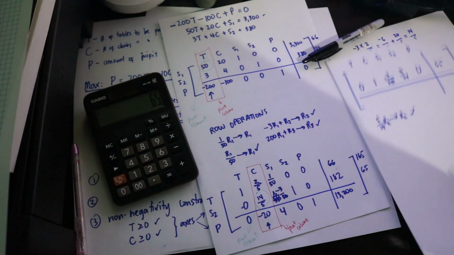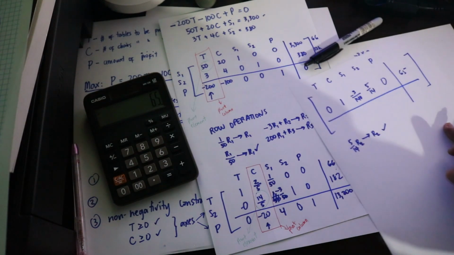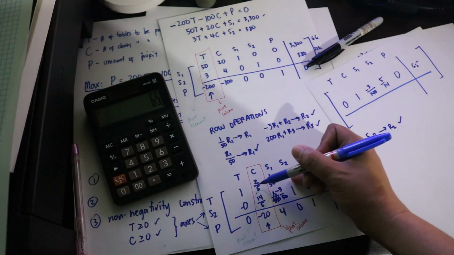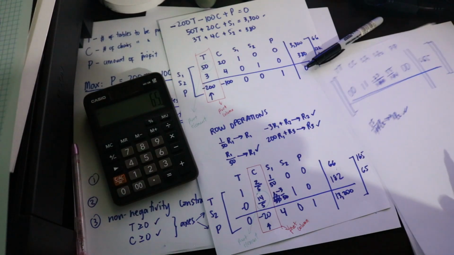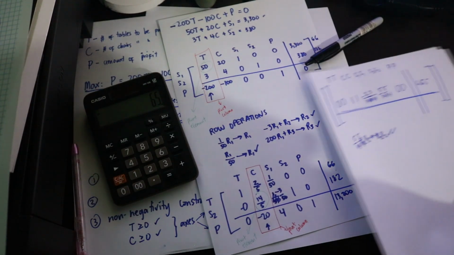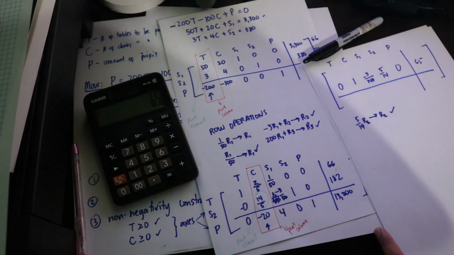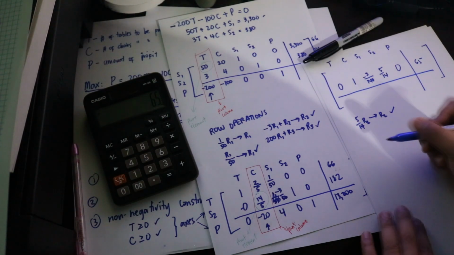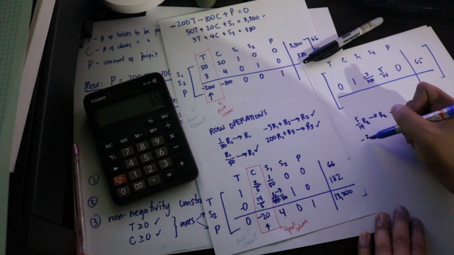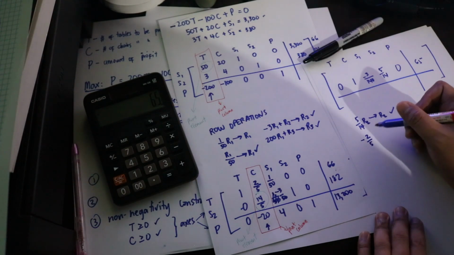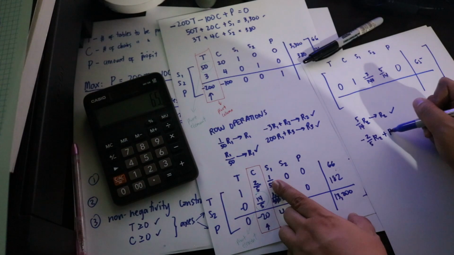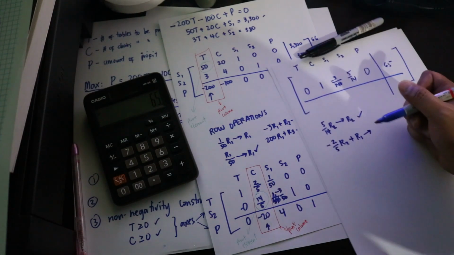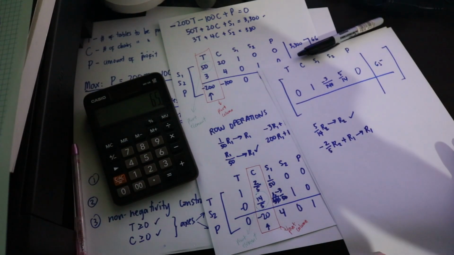Next would be to transform these numbers to 0. And how are we going to do that? Negative 2 over 5 times R2 plus R1 would be our new R1.